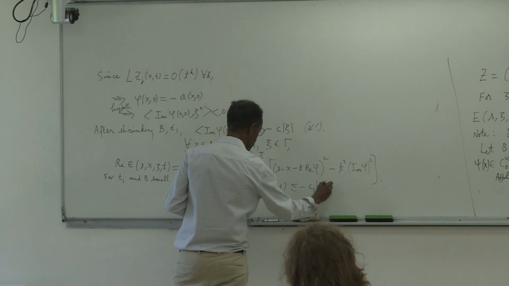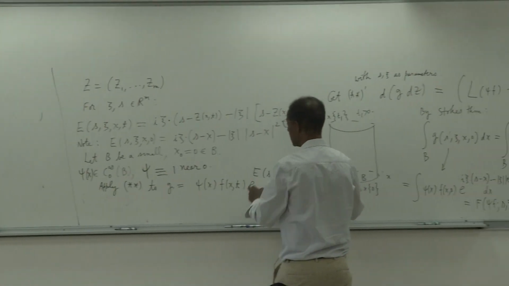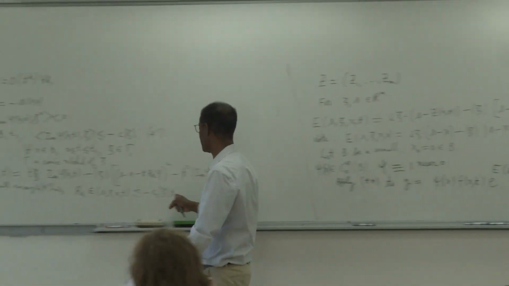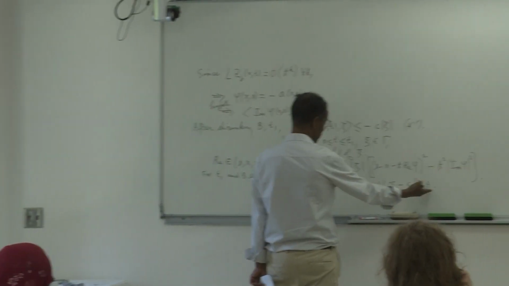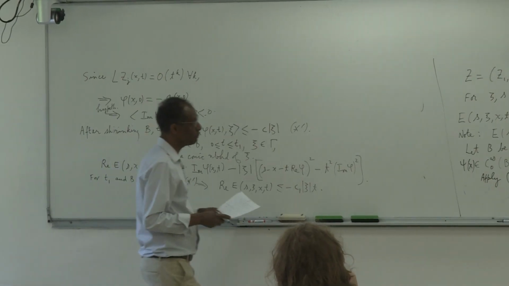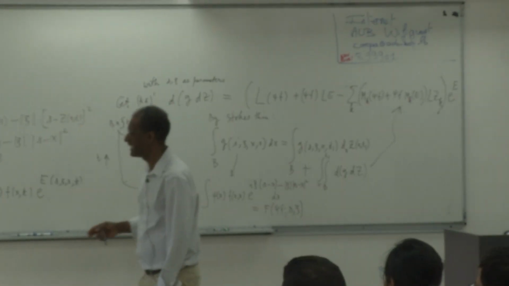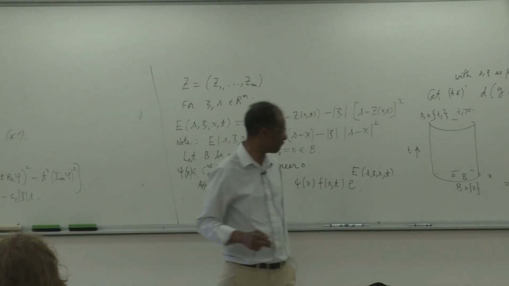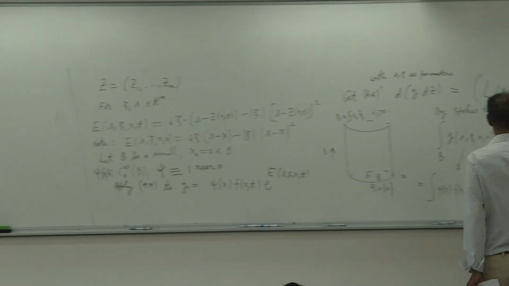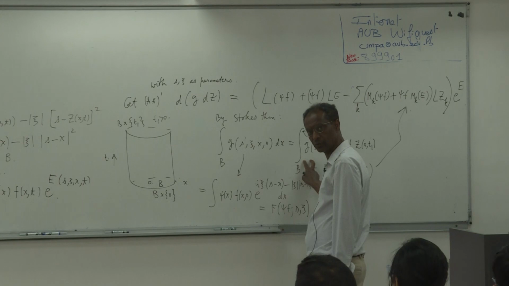And so you see, this part has exponential decay, but of course when t equals 0, I don't get anything, it just says it's bounded. But in particular, at time t equal to T1, I have an exponential decay. And therefore this thing decays exponentially at time t equal to T1.